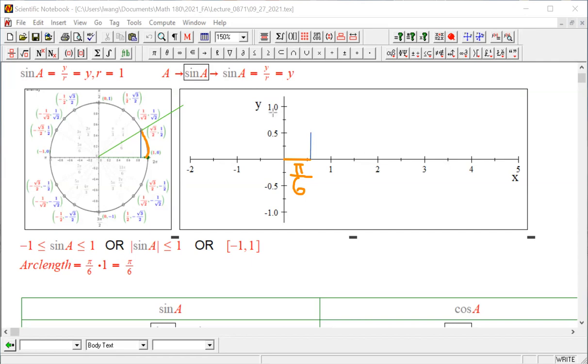So this point will mark pi over 6, comma, the blue number, 1/2.